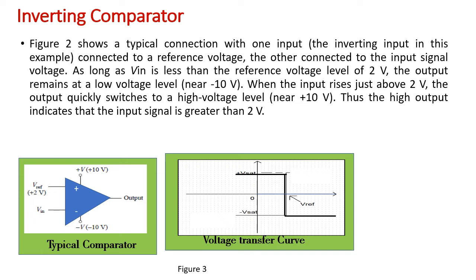Corresponding to this VTC, the output will again be a pulse waveform, but it will be the inverse of the non-inverting comparator output.